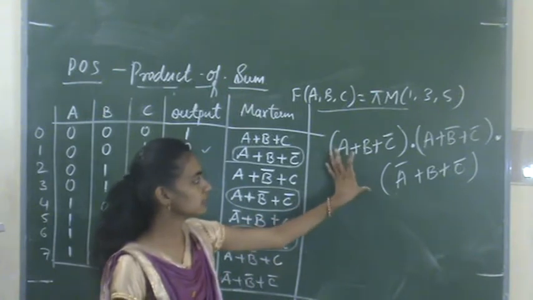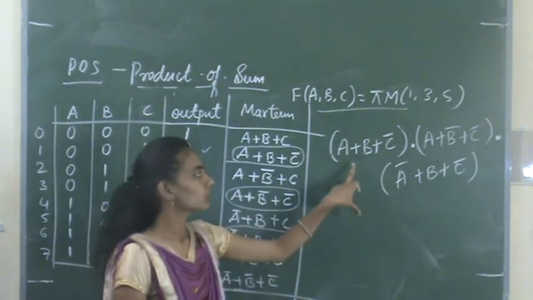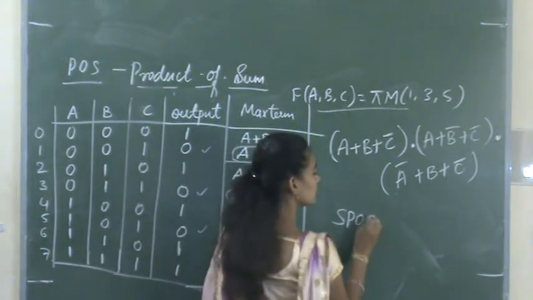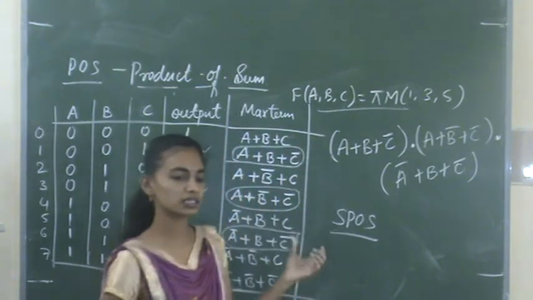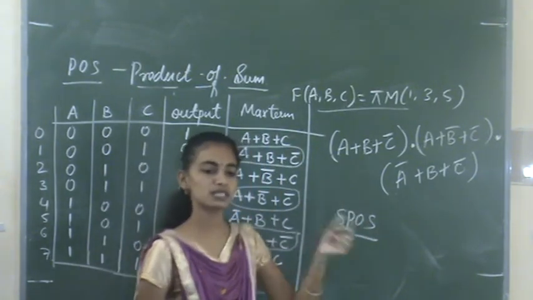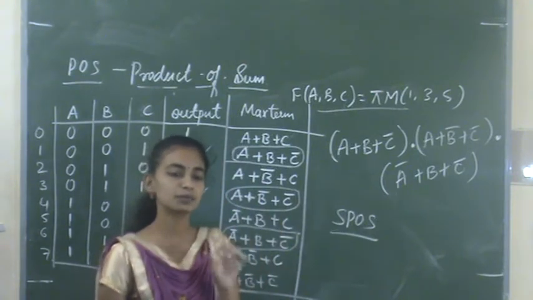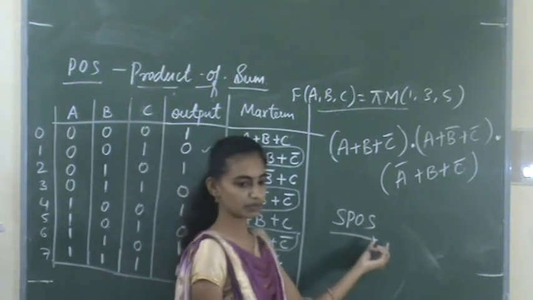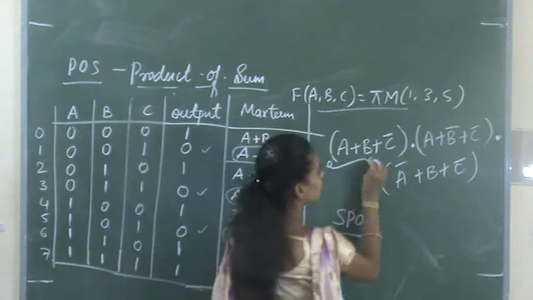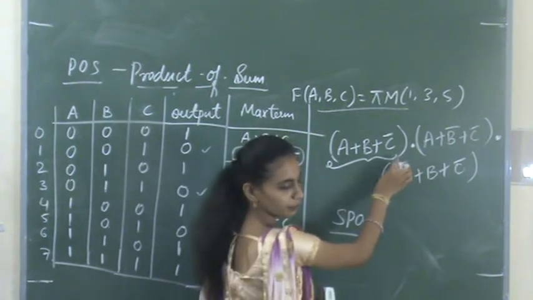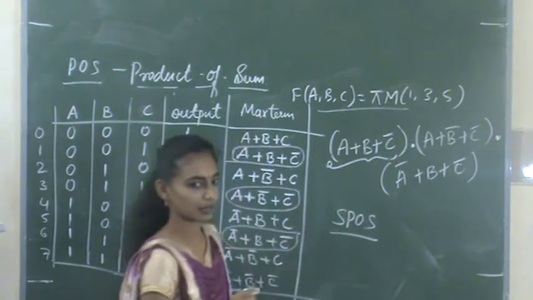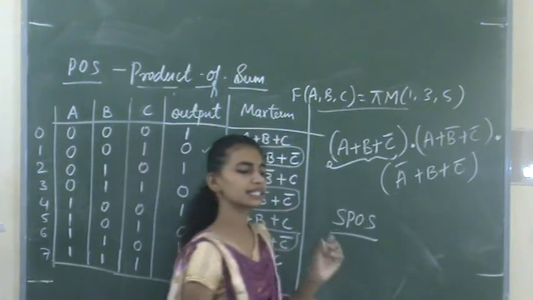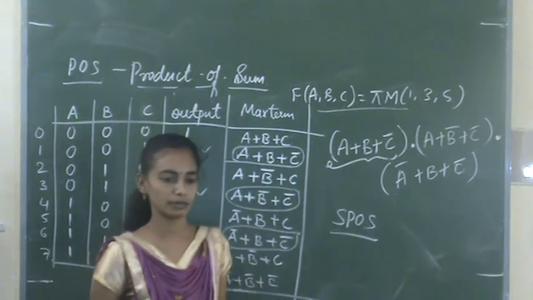So we can call this function to be in the standard POS form, SPOS form. Why? Because I told you standard means each term has all the variables, right? Here we are using sum terms. Each sum term contains all three variables, either a normal variable or its complement.